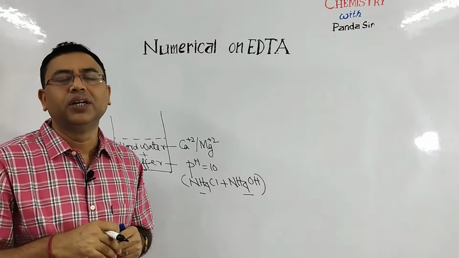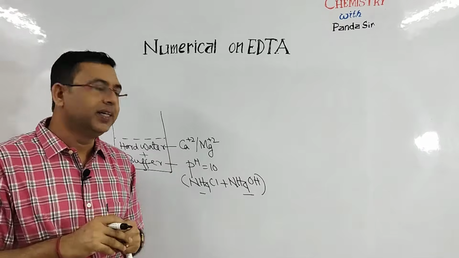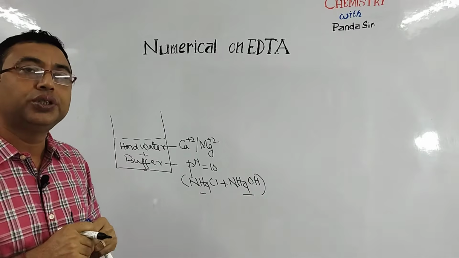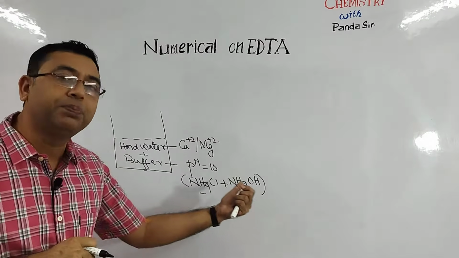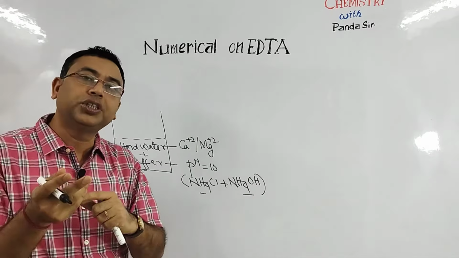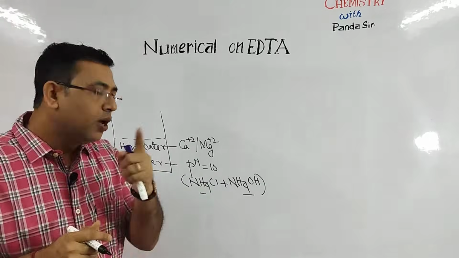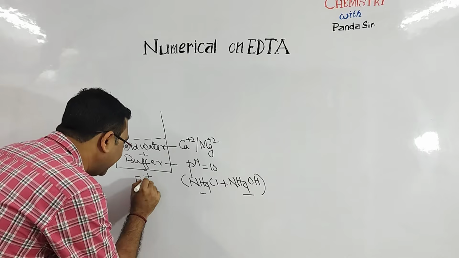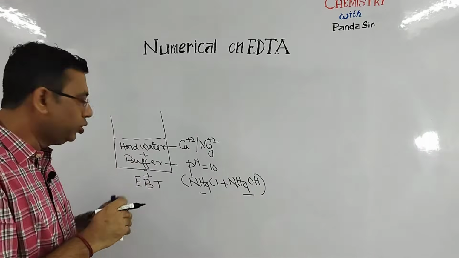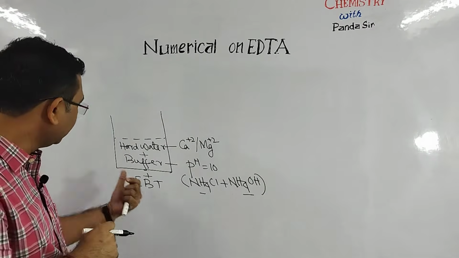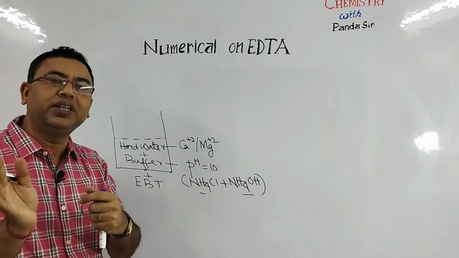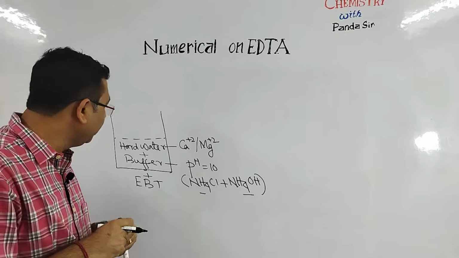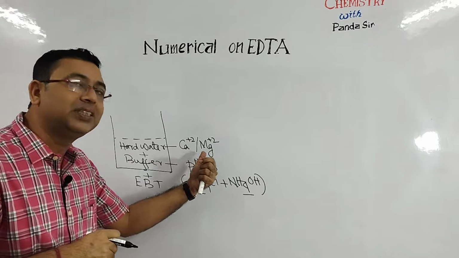Now the question is coming, sir, why are we adding the buffer solution to the hard water? We are adding the buffer solution to maintain pH 10. Then the next question, why maintain pH 10? We maintain pH 10 because the moment I add EBT, which is an indicator, the full form of EBT being Eriochrome Black T, EBT should react with the calcium and magnesium.